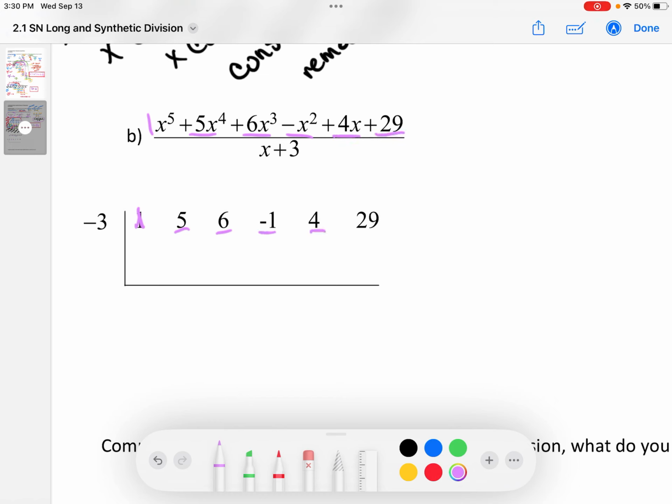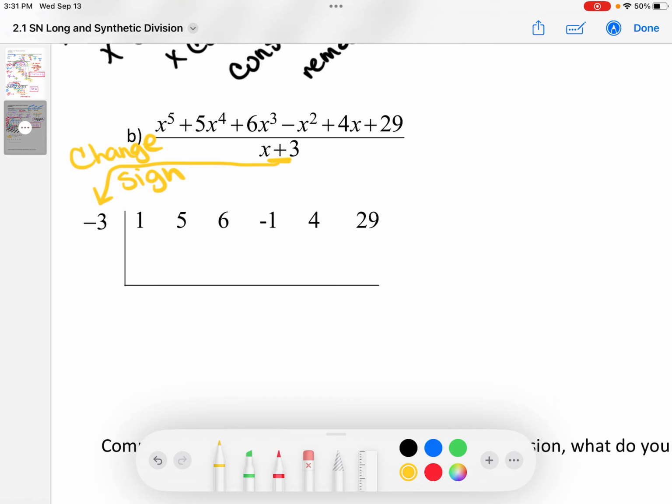X. There's the 4. And a constant. There's the 29. So we have all the terms we need, all the powers we need. We took this x plus 3. It's what goes on the outside, but we change the sign. We change the sign on the outside.